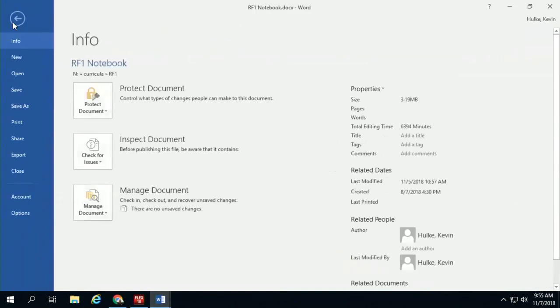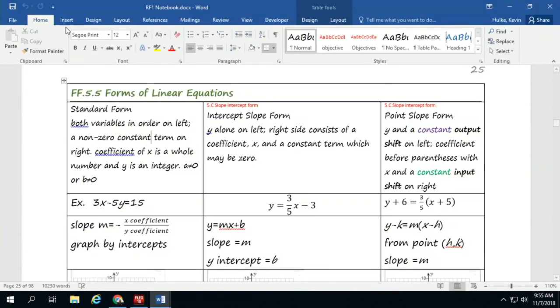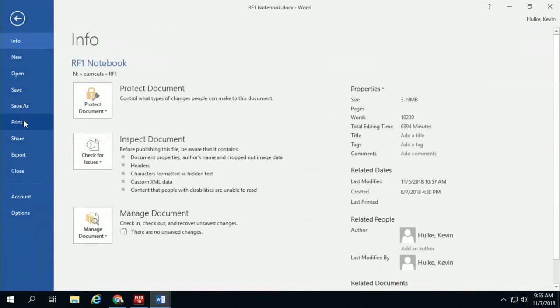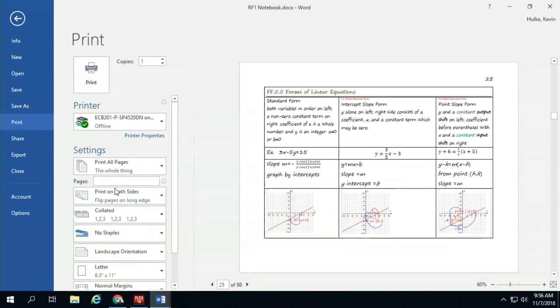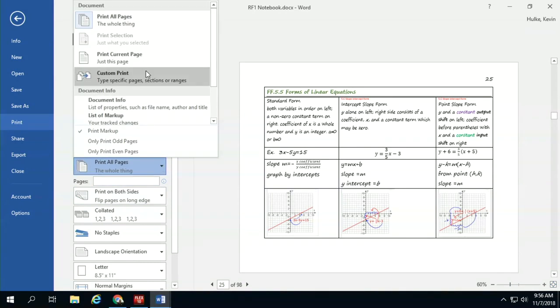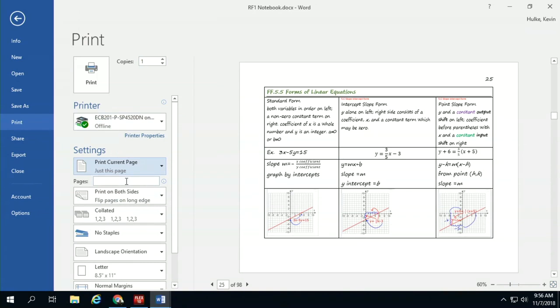Is it possible for you to just print that note sheet out? Let's see here. File. Print. Maybe. I'm going to print this page. Print current page. Should print.